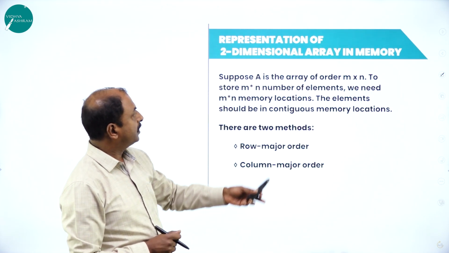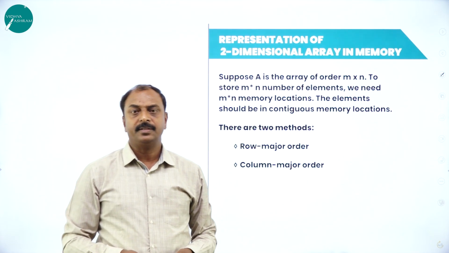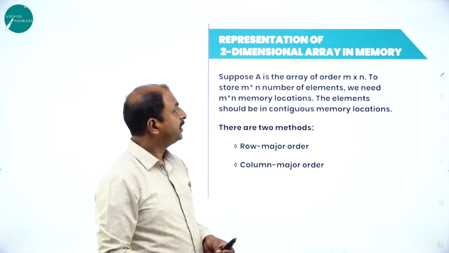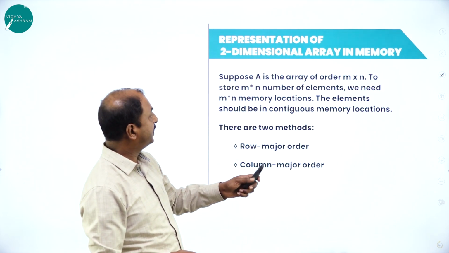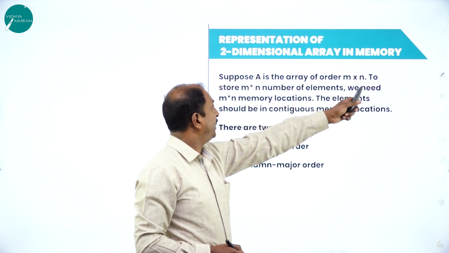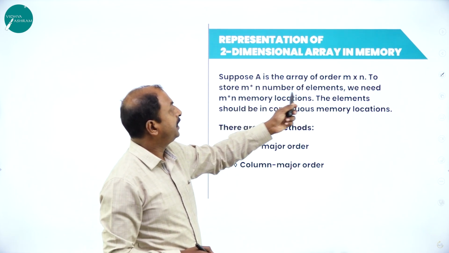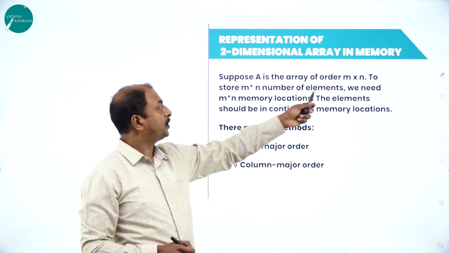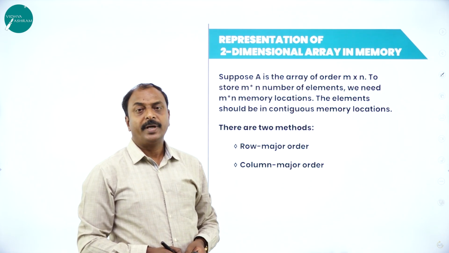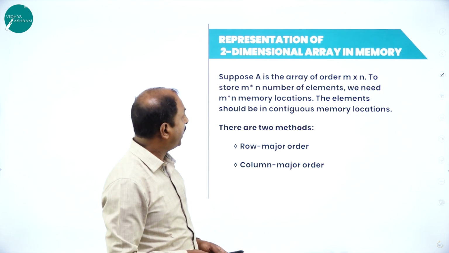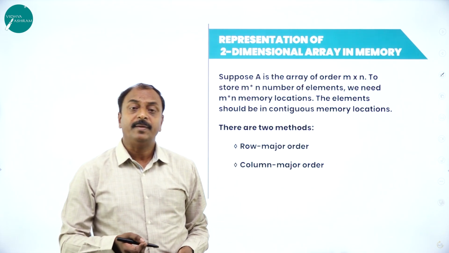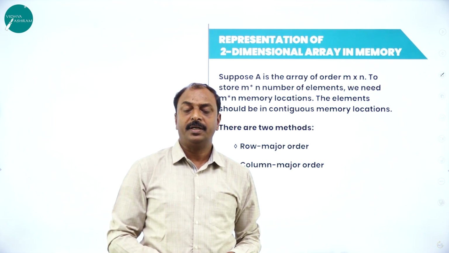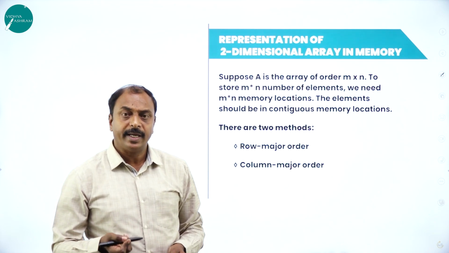You know how to find the size of an array, by multiplying the number of rows into the number of columns. So m into n is the number of elements to be stored, and we need m into n memory locations to store m into n data elements.